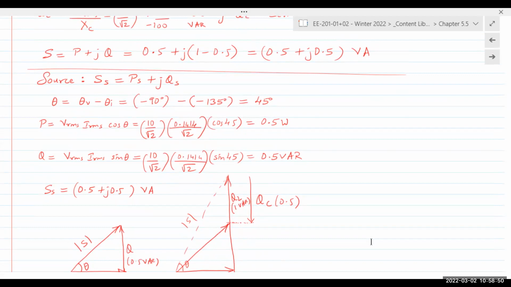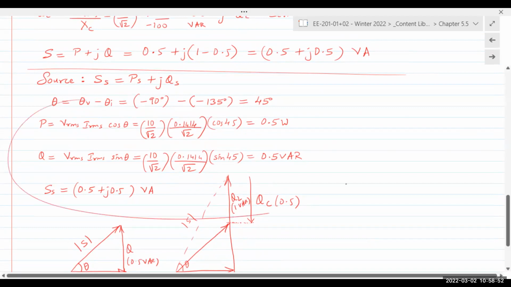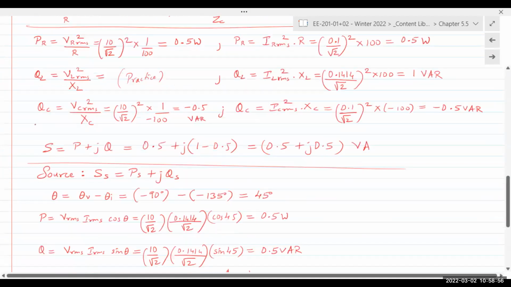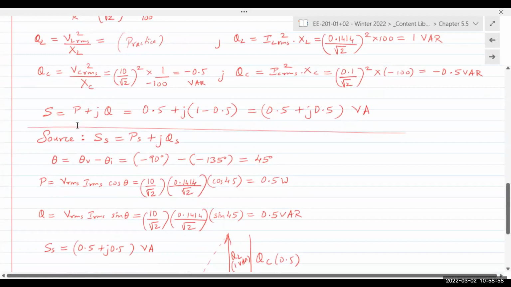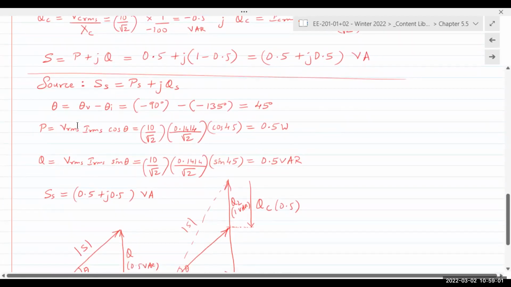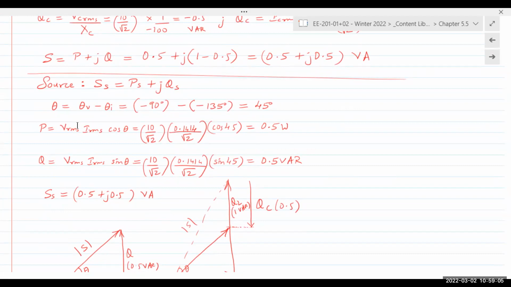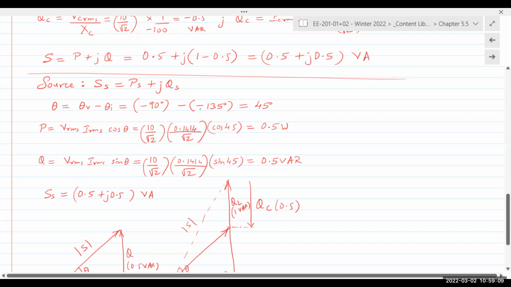The other equation we can use is this. VRMS, IRMS times cosine theta and sine theta for P and Q. So we can apply it to the source. The source voltage is already known to us, minus 90. The source current is what we found as I, which was minus 135.